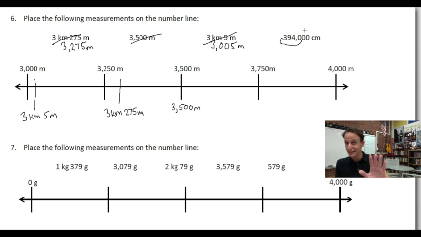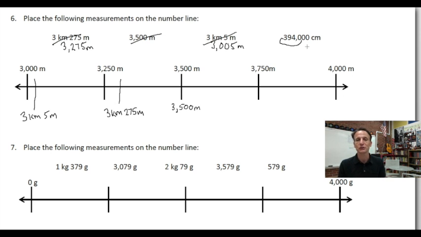We did this back in place value, especially in the warm-ups at the end of Module 1, lessons 17, 18, 19. How many hundreds in this number will tell us how many meters there are? Read it up to the hundreds place. 3,940 hundreds.